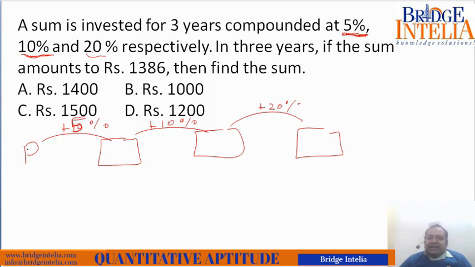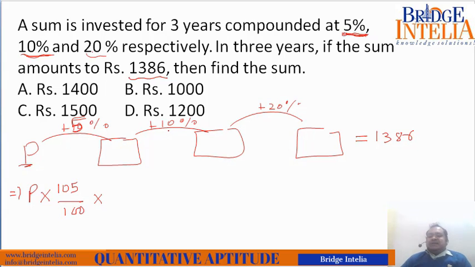So you started with P and you compounded this 3 times, and you saw that the final value that you receive is 1386. So 3 times compounded, P becomes this much. So let's find out the value of P. It means P into first 5% increase. So 100 plus 5, 105 by 100.